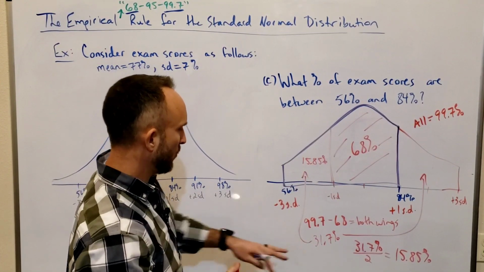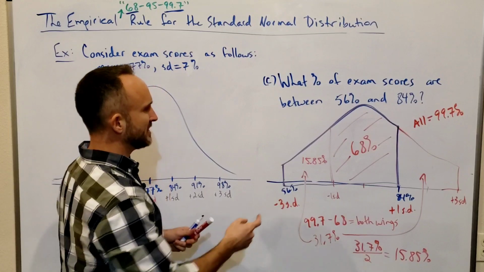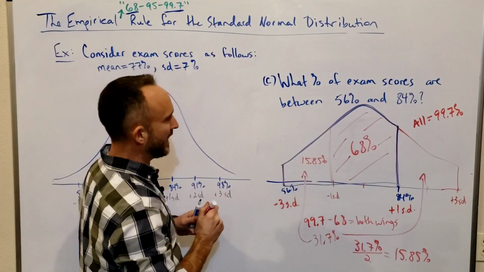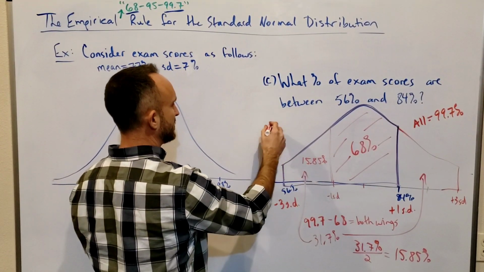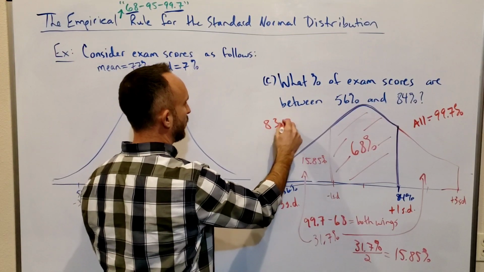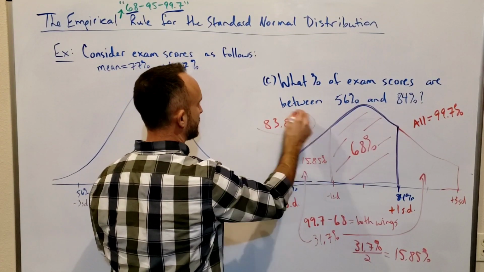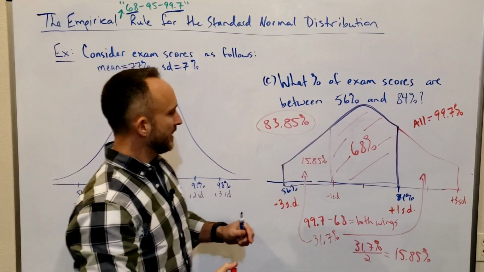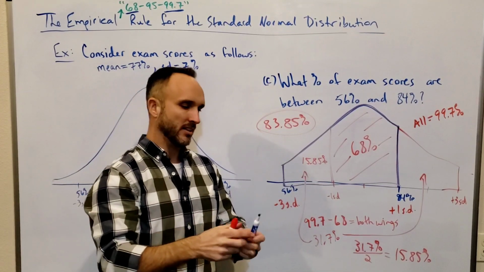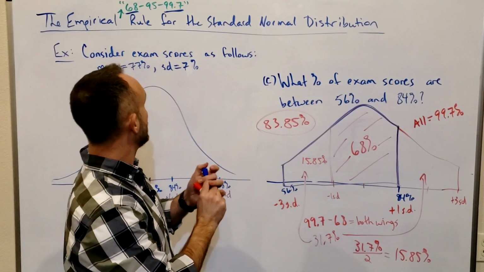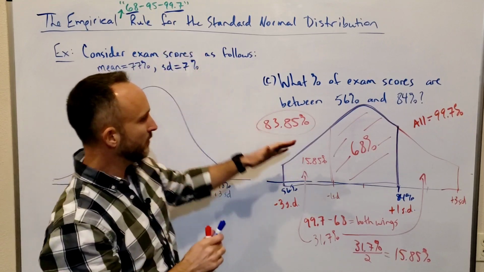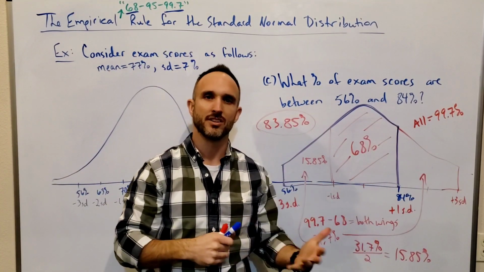And I'm running out of space down here, but 68% plus 15.85% is 83.85%. So all of this is based on this empirical rule, which tells us percentages of data that live within whole number standard deviations of the mean.